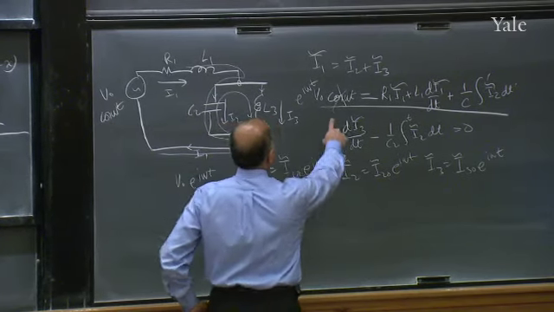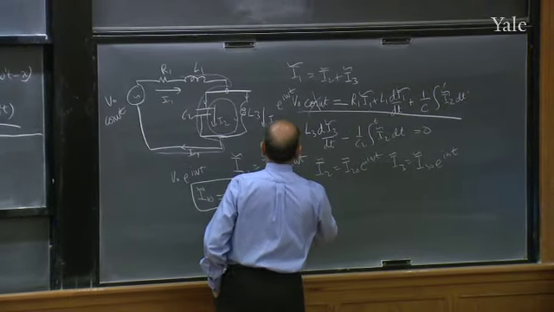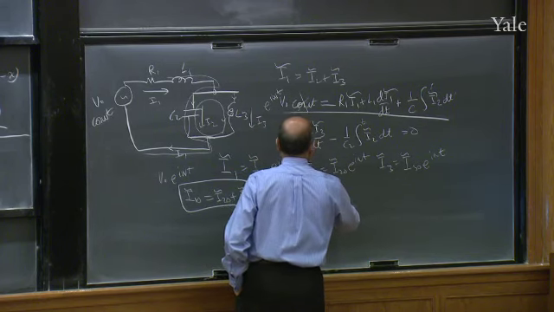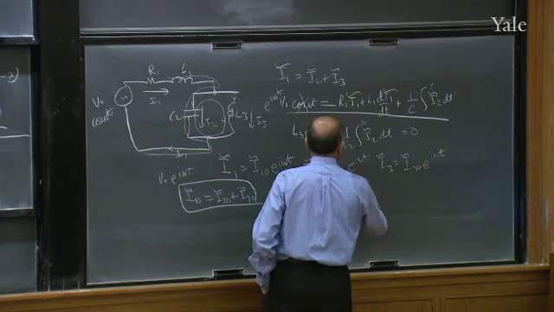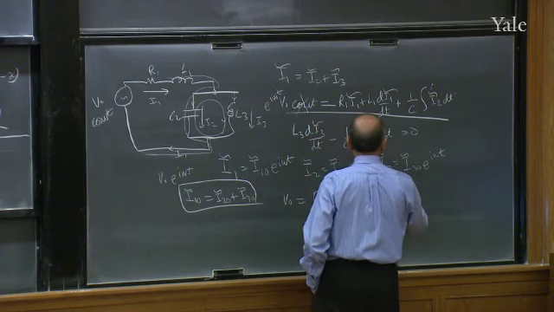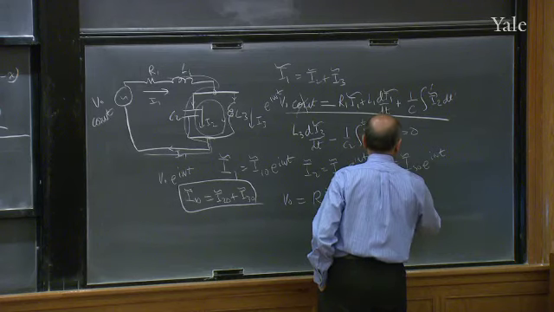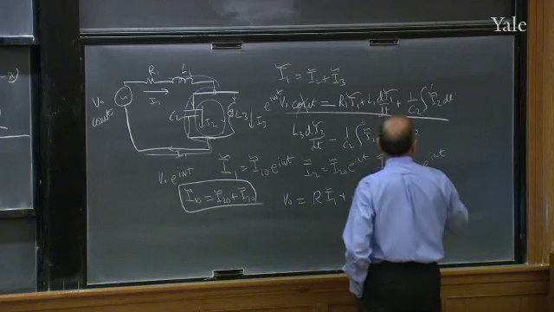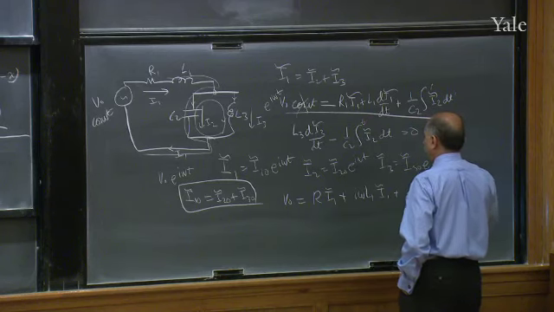And let's go to this equation here. You will find V naught is equal to R times I1 twiddle plus I omega L1 times I1 twiddle plus 1 over I omega C. I should have called this C2, I omega C2 times I2 twiddle.